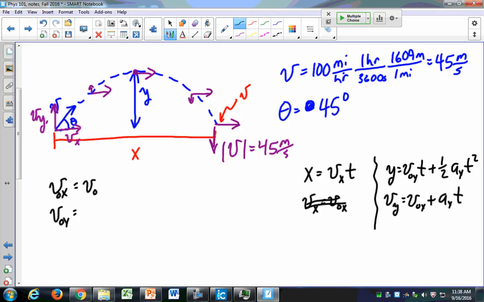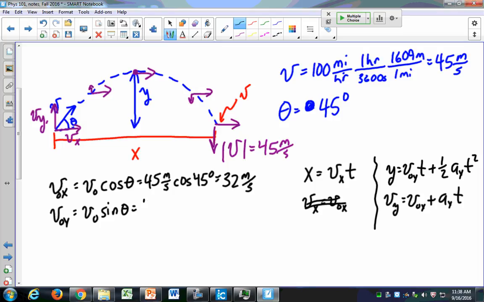It's going to be v naught cosine theta, v naught sine theta, 45 meters per second, cosine of 45 degrees, and that's equal to 32.